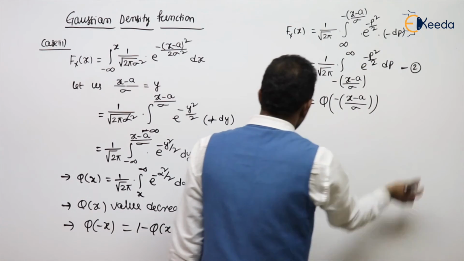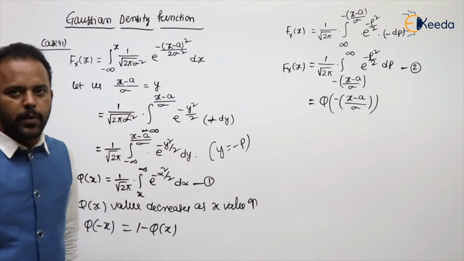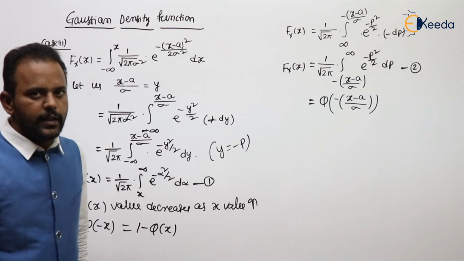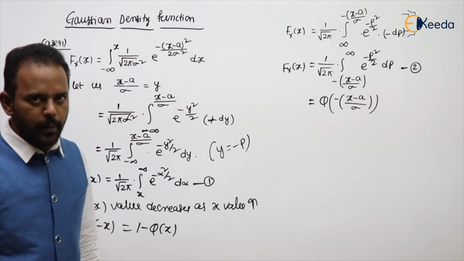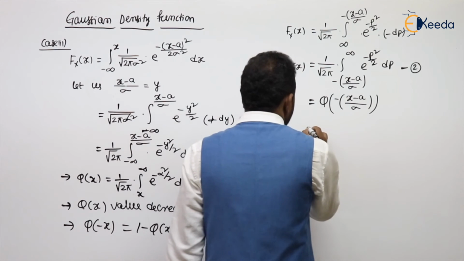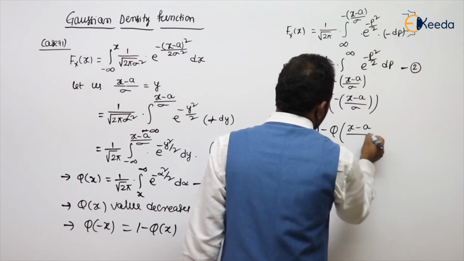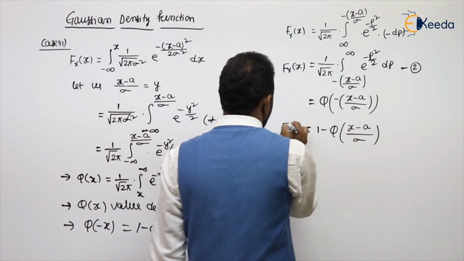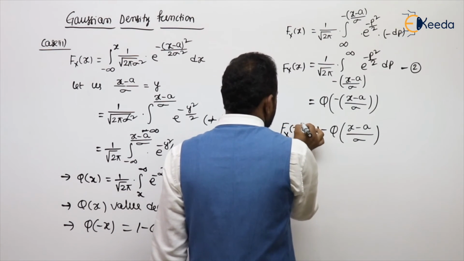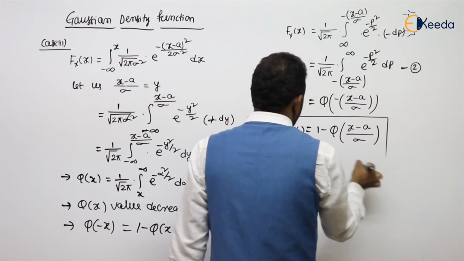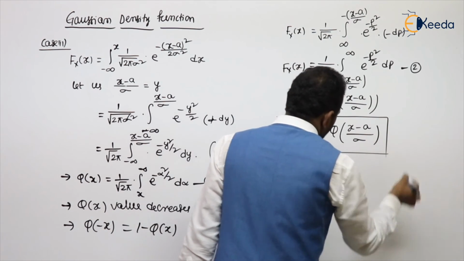Don't bother about p and alpha, both are dummy variables, because after substitution those will vanish. That's why dummy variables. This is nothing but 1 minus Q of (x minus a) by sigma. This is F_X(x). This is the relation between the Gaussian distribution function and a Q function.